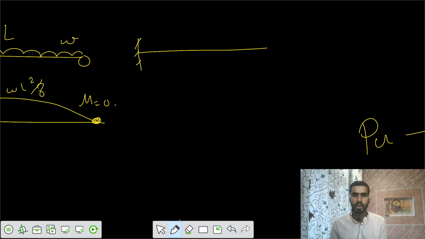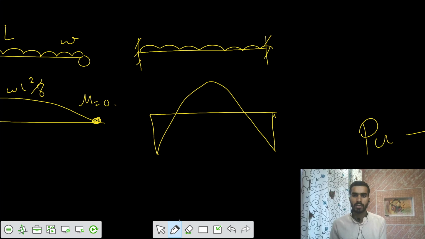Take a cantilever beam, apply load, and we ask what the bending moment diagram looks like. There is some variation in this fashion. There is a point somewhere here where the bending moment is 0, and another here that is 0. That's the point of contraflexure. So there is some length between two points where the bending moment is 0.